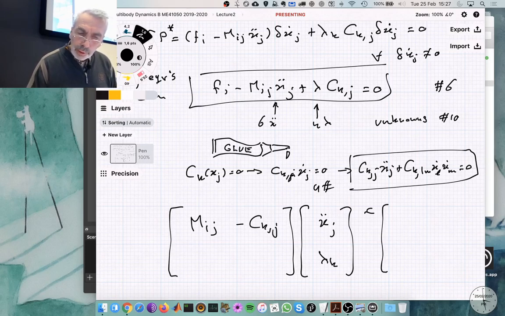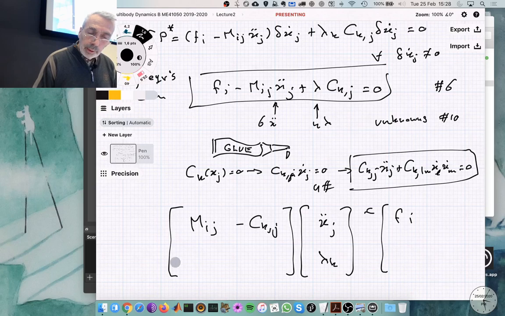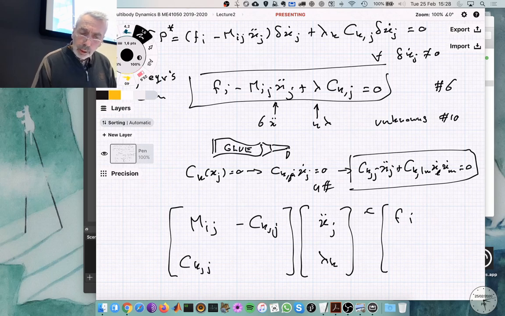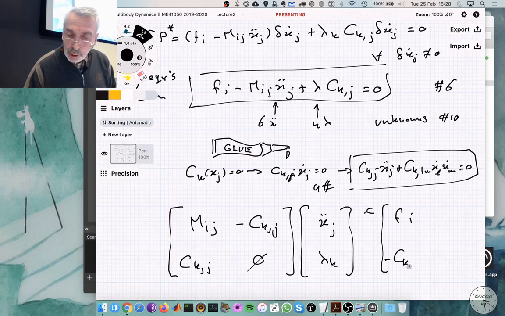And then on the right hand side, we have our applied forces. Those are my equations of motion. And then here, what do I write? Well, these constraint equations, so this is c_kj. And here we all have zeros, right? There's nothing to do with these, apparently. And then on the right hand side, I have minus c_klm x dot l x dot m.